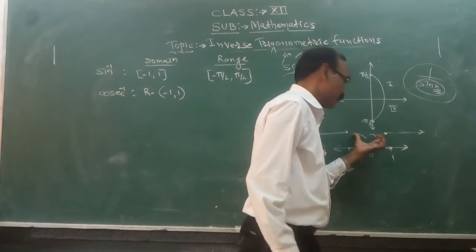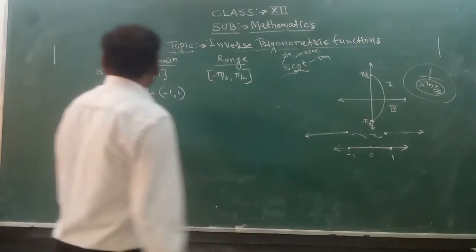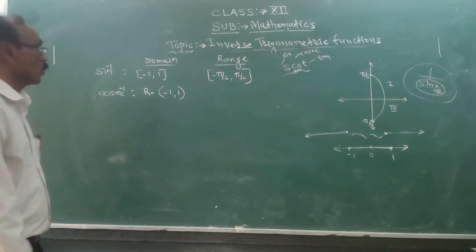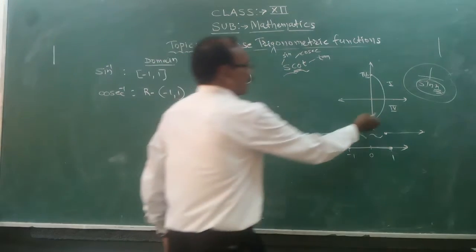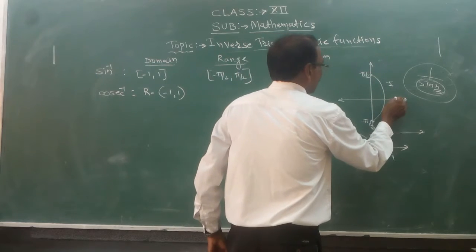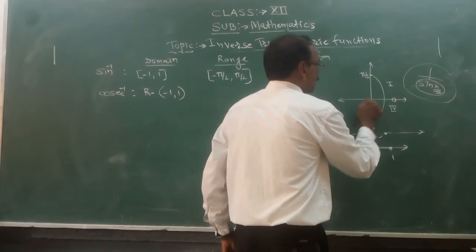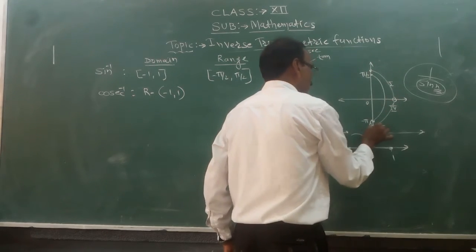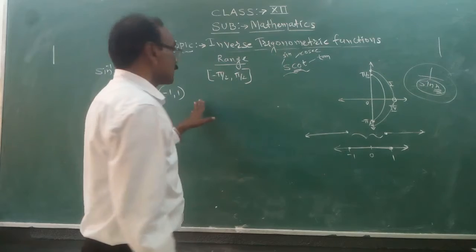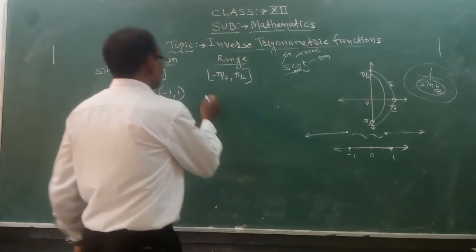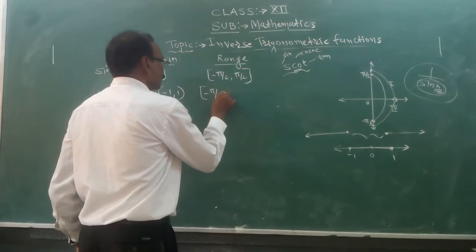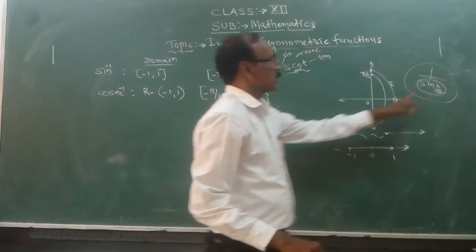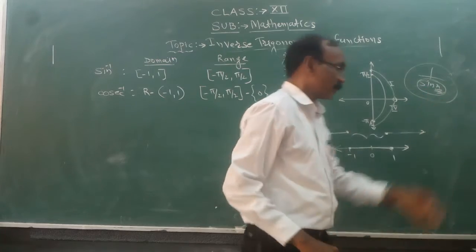These values you will not get here. So the domain is all the real numbers excluding minus 1 to 1, open interval. In the first figure you make a circle excluding this 0. The range of cosec inverse is from minus pi by 2 to pi by 2 excluding the 0 angle, because sine 0 is 0 and 1 upon 0 is not defined.